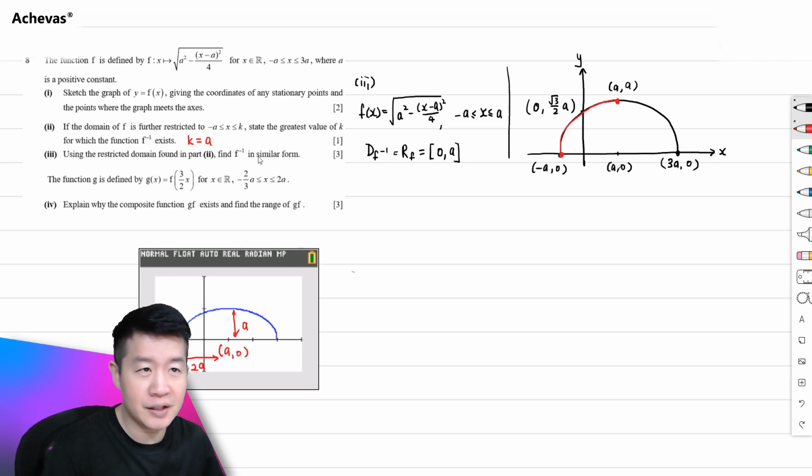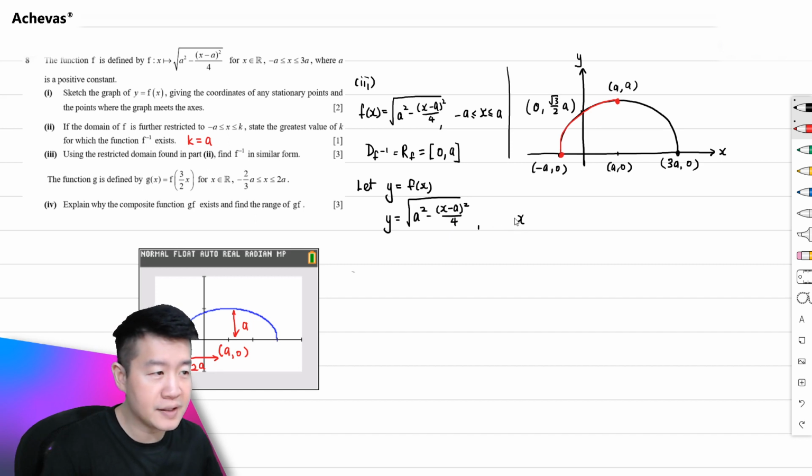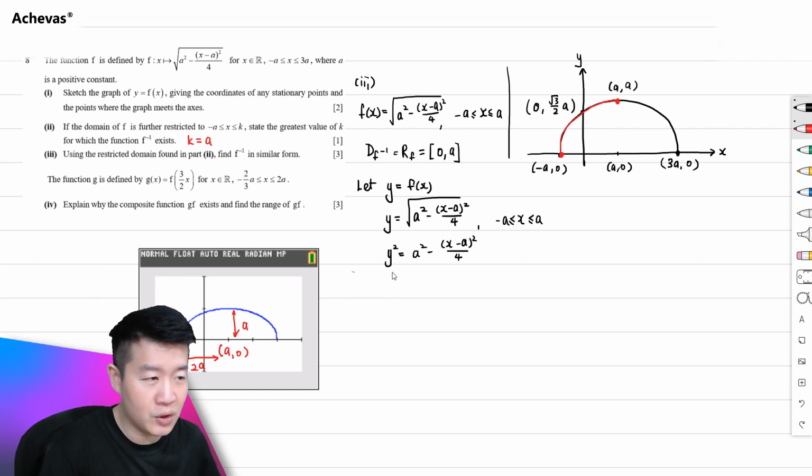Let's now try to find the expression for f inverse. So we will let y be equal to f(x), which means that y is going to be the square root of a squared minus (x minus a) squared divided by 4, where x is supposed to be bigger or equal to minus a, less than or equal to a. And we're going to try to make x the subject. So y squared is equal to a squared minus (x minus a) squared divided by 4.